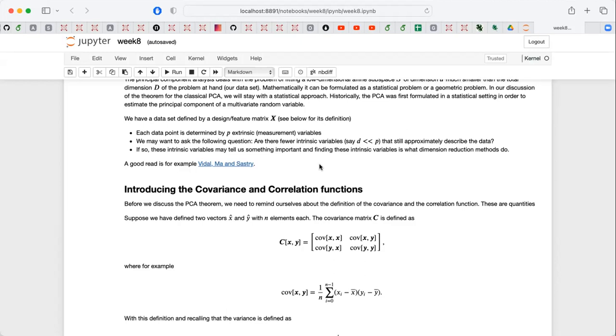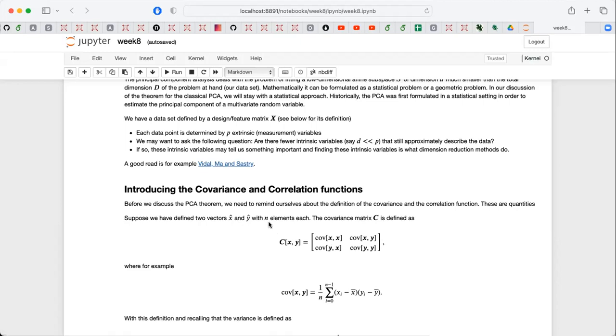So if you now suppose you have two vectors, x and y, I'm going to use the slides for the rest of the lecture here. I hope you don't mind. The two vectors, x and y, will have n elements each. So x and y represent some type of features. And then you can define the covariance matrix in terms of the covariance of x with itself.